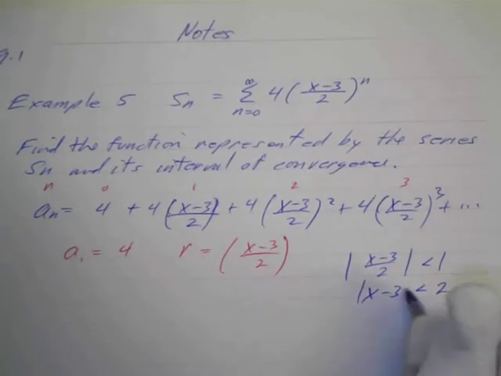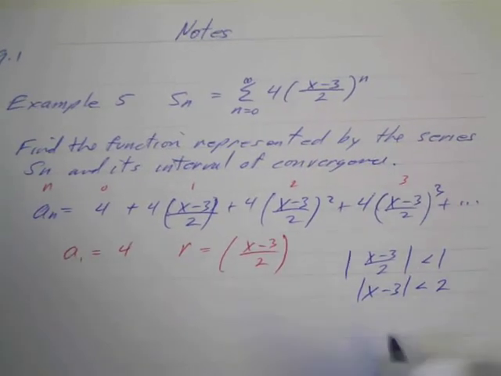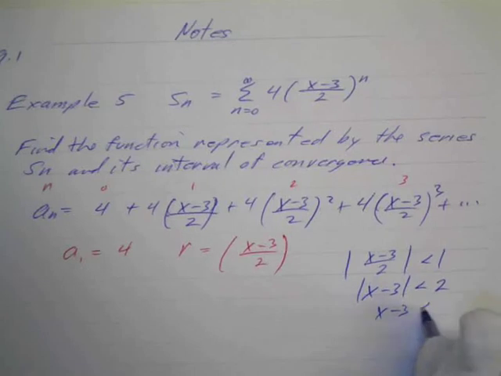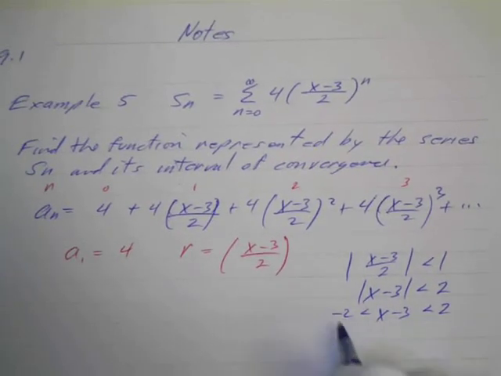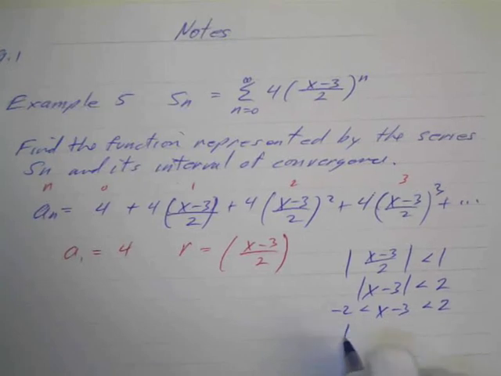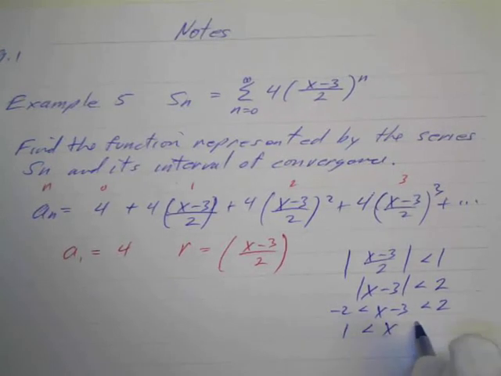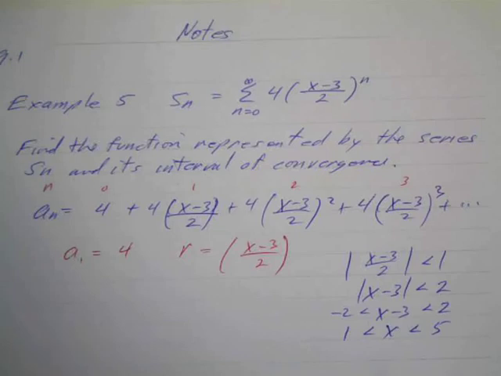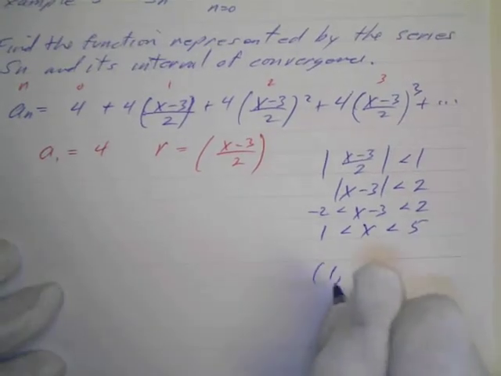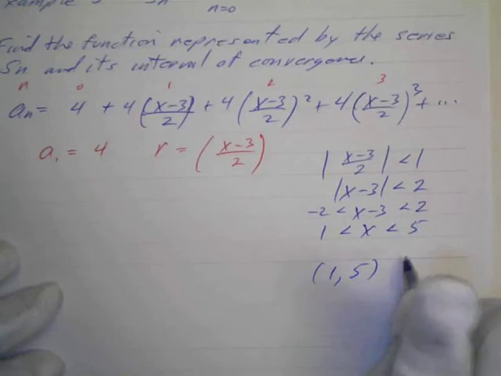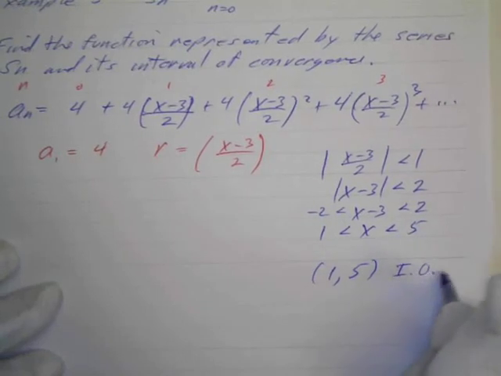That's the same thing as saying that x minus 3 is less than 2 and greater than negative 2. Then I can add 3 all the way across and I get 1 is less than x, which is less than 5. So my interval of convergence would be 1 to 5. That's the IOC, the interval of convergence.